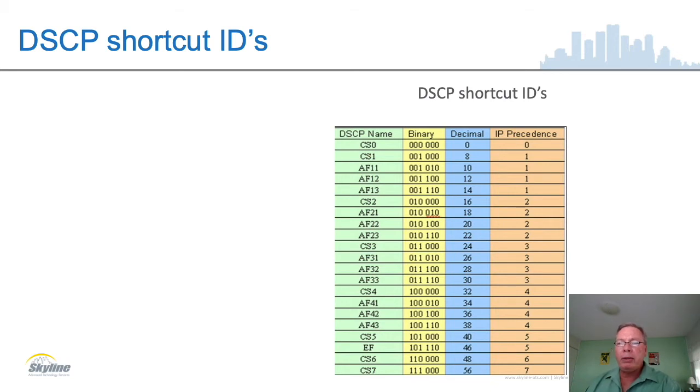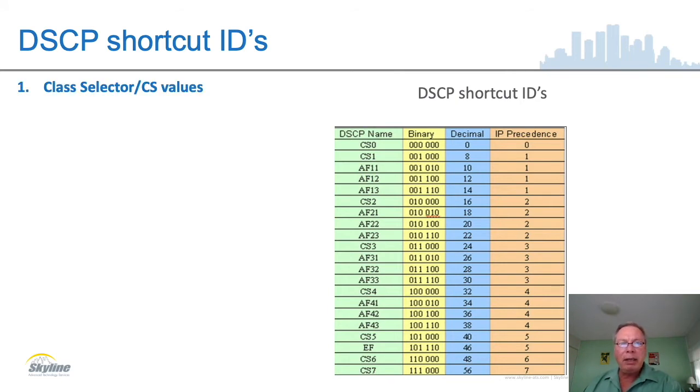So that's why we are using differentiated services code point. These, again, are shortcut values. You can use them, you don't have to. But some of Cisco's tools automatically plug them in. So getting some idea of how they work is a good thing.